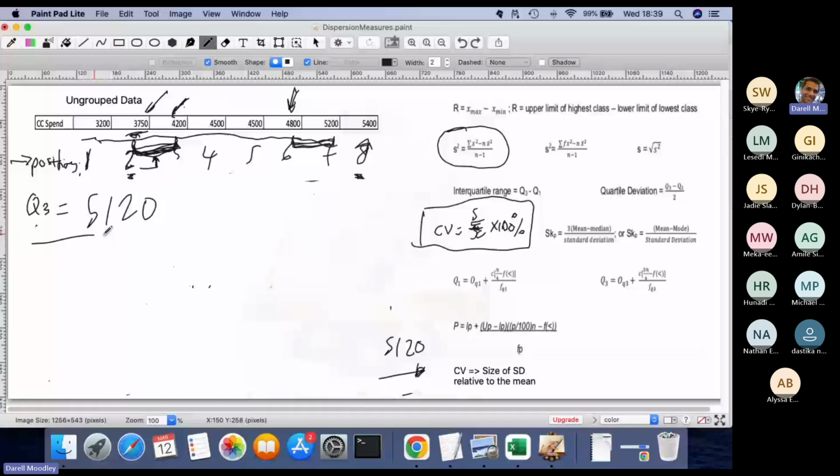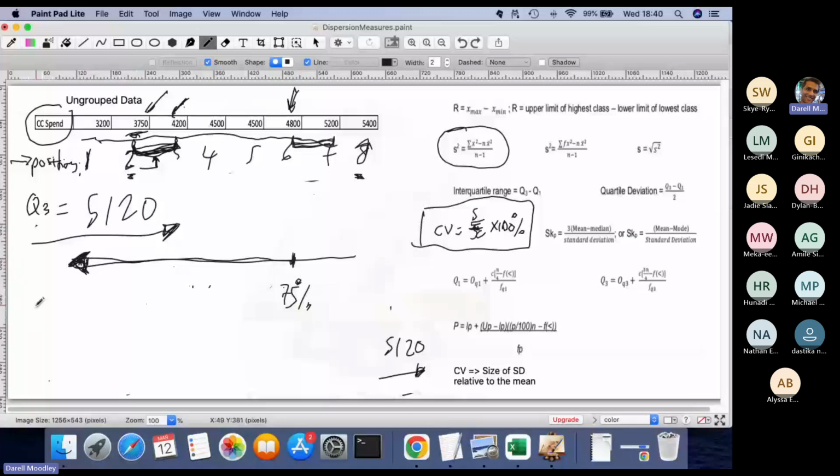Now remember, what are we talking about here in terms of our data? We're talking about credit card spending. If this is the third quartile, that means 75% is what we are actually looking at. So we're at the 75% mark. That's the third quartile. So what we're saying is, third quartile is the amount of credit card spending where 75% of the sample spends below.